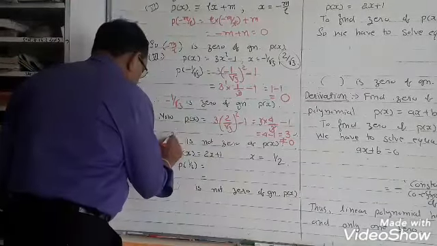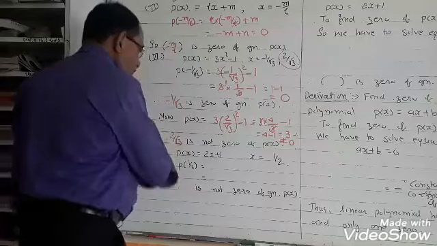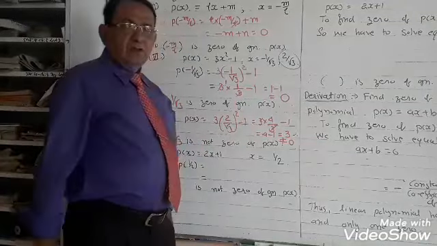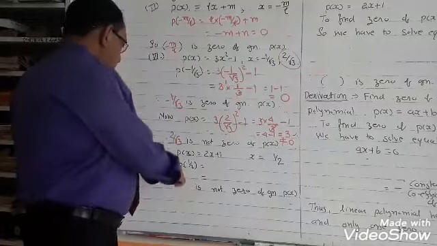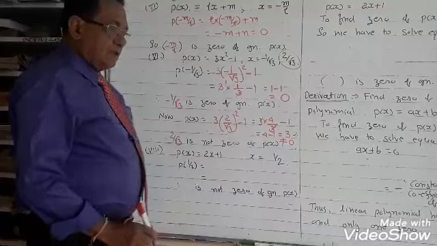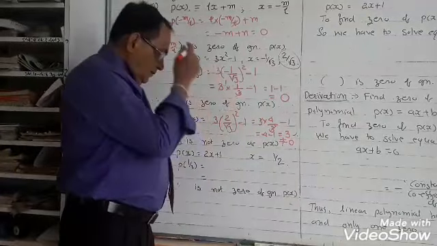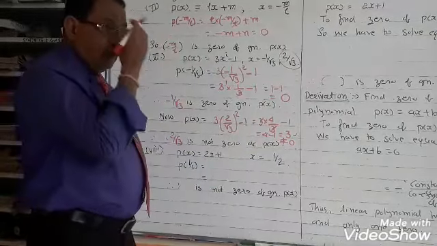Therefore 2 upon root 3 is not a zero of the given p(x). Clear?